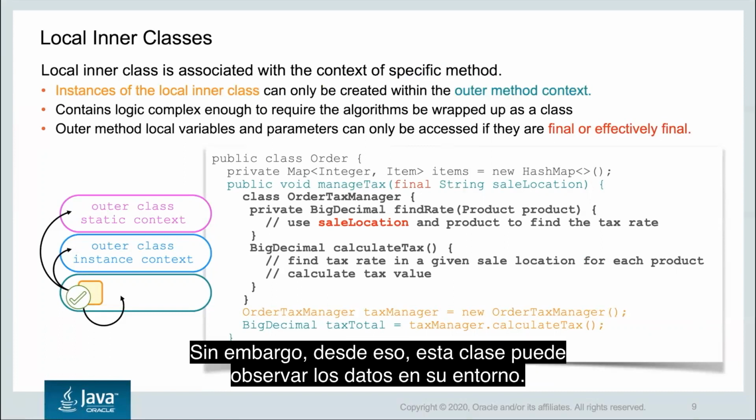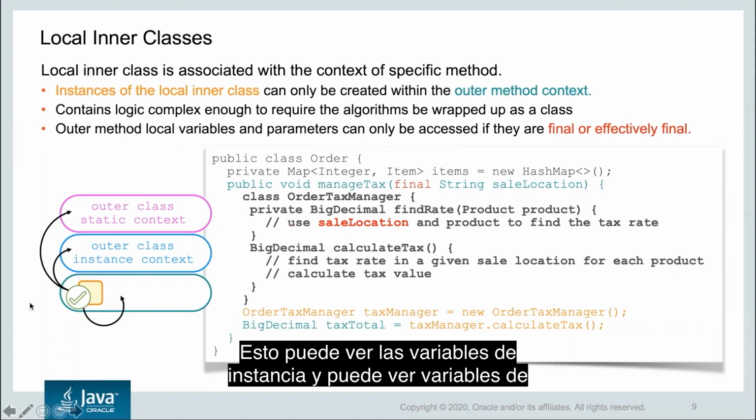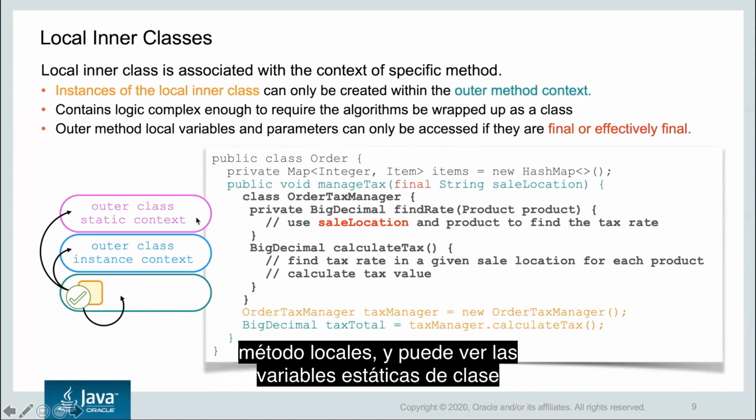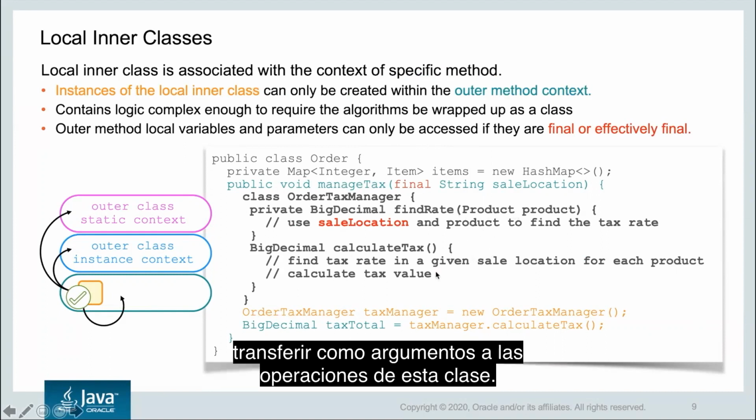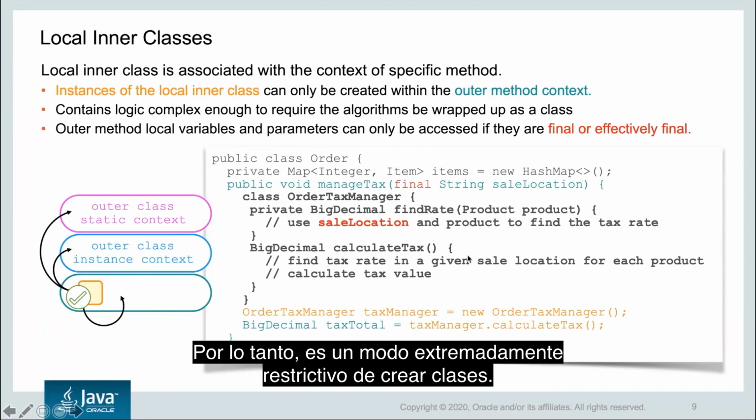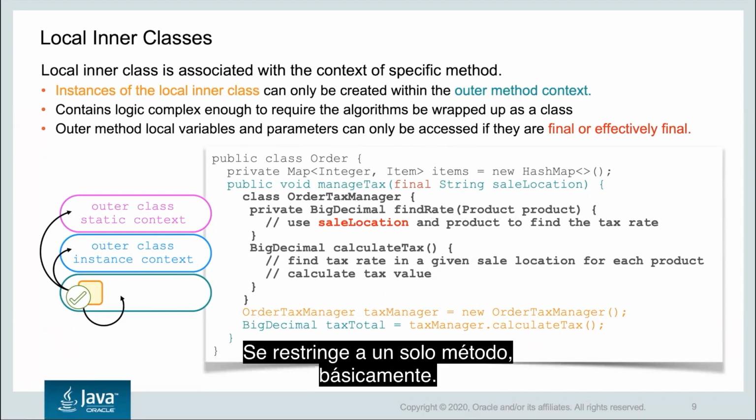Apart from that, this class can actually observe data in its surroundings. Okay, and it can see the instance variables, and it can see local method variables, and it can see the class static variables, provided they're final or effectively final, or else they have to be passed as arguments to operations of this class. So it's an extremely restrictive way of creating classes, right? It's just restricted to a single method, essentially.